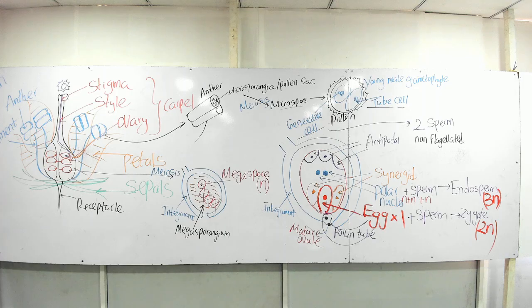The sperms are non-flagellated. All those are MCQ points. The two sperms produced by the generative cell are non-flagellated. Why is that? Because they don't need to be flagellated.